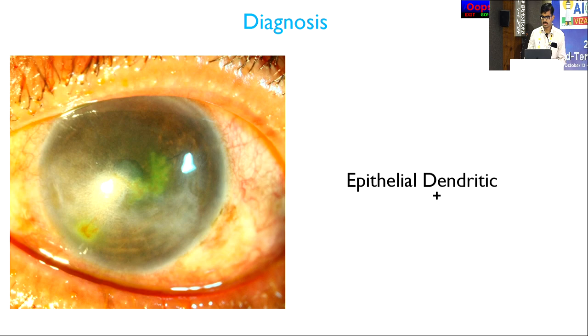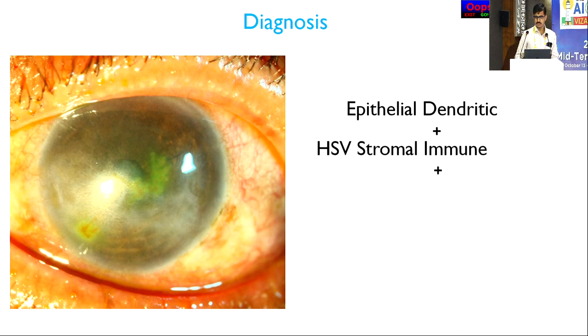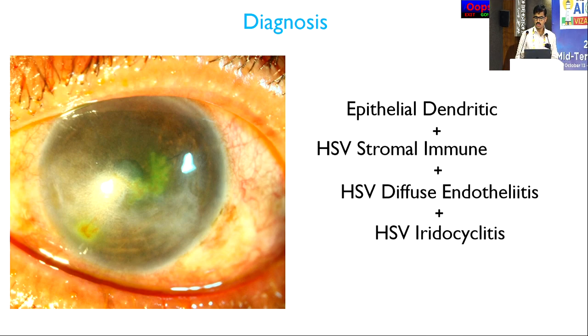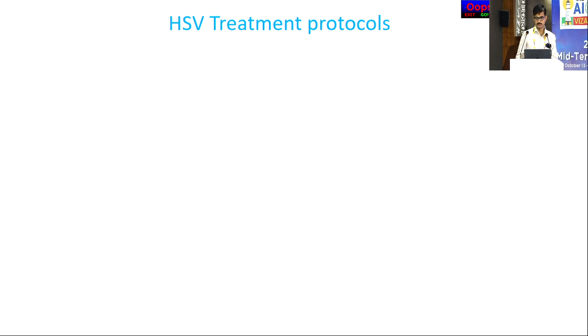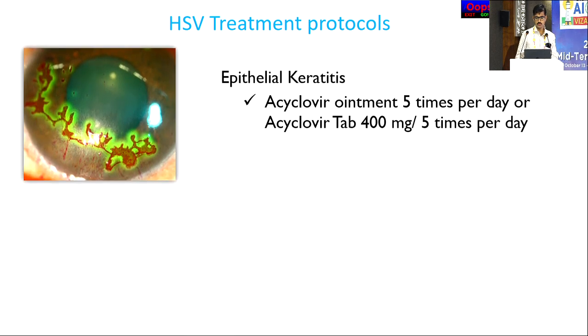Coming to our case, the diagnosis is epithelial dendritic keratitis with immune stromal keratitis, diffuse endothelitis and HSV iridocyclitis. Whereas treatment protocols in HSV epithelial keratitis, we can give topical antivirals like acyclovir or systemic antivirals.